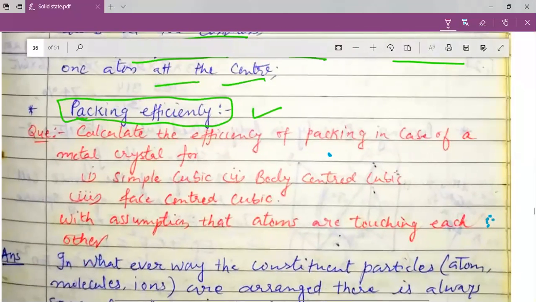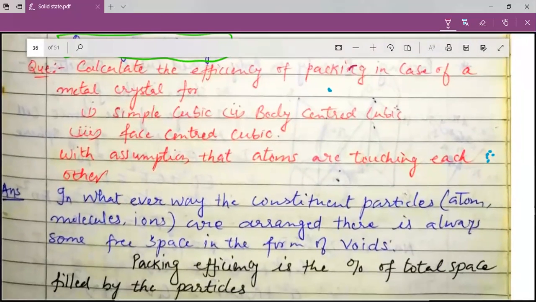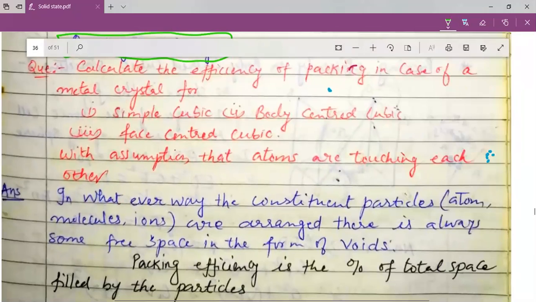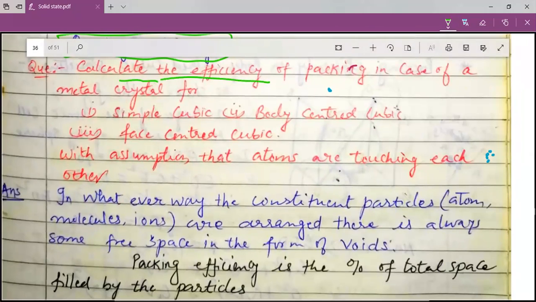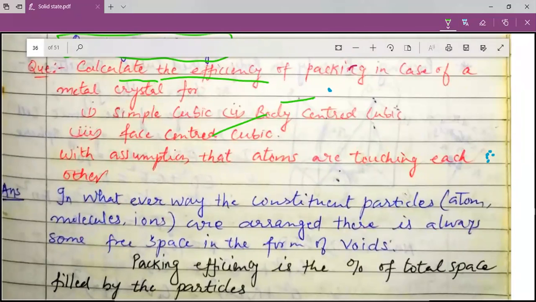Let us move forward and understand the packing efficiency for the various unit cells, and we will come to know their packing efficiency. Now let's look at the question and try to answer it. Calculate the efficiency of a metal crystal for the various unit cells, my dear students.